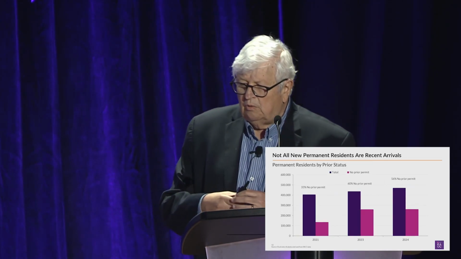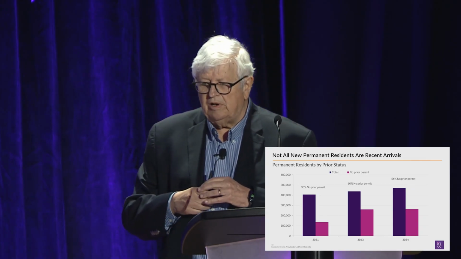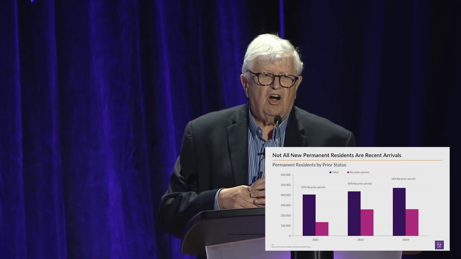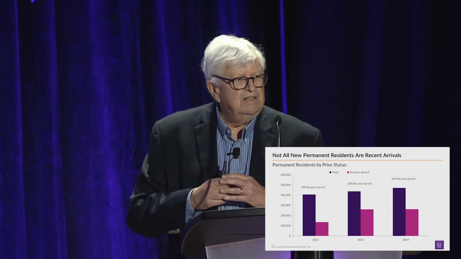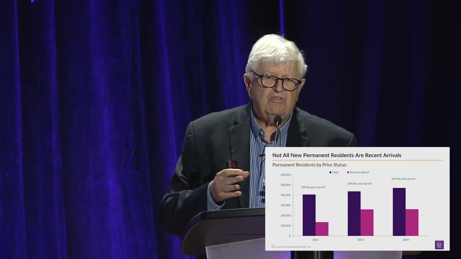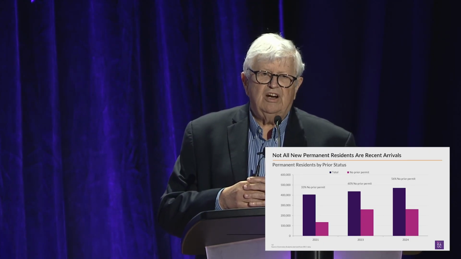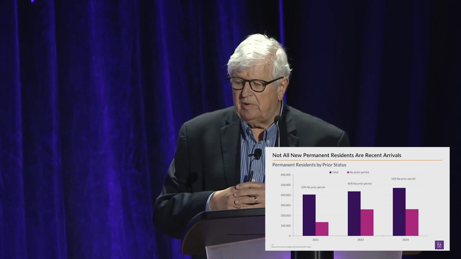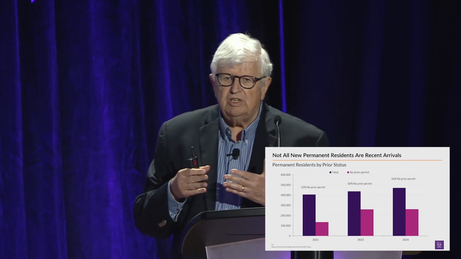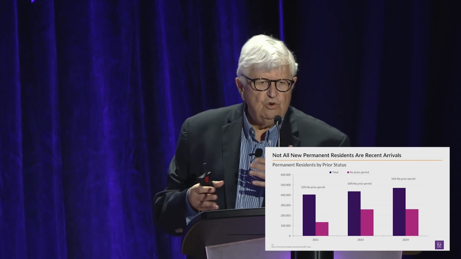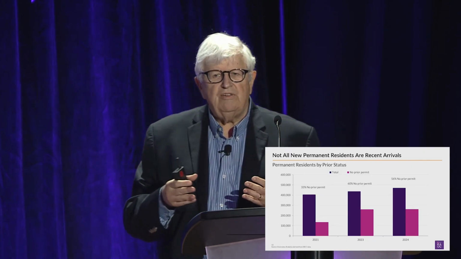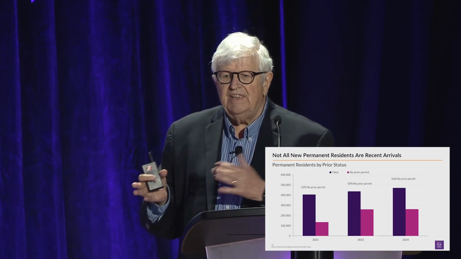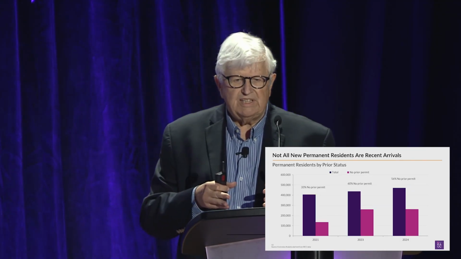One of the important points when we talk about permanent residents is that all new permanent residents aren't recent arrivals in Canada. Some have been in the country for 4, 5, 6 years. A fairly frequent, increasingly frequent path to permanent residency is to come in as a student, get a degree after 2 or 4 or 5 years, apply for Canadian work permit, gain Canadian experience for a couple of years, and then apply and get permanent residency.